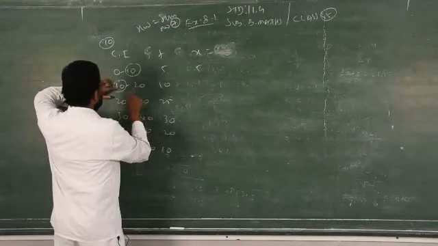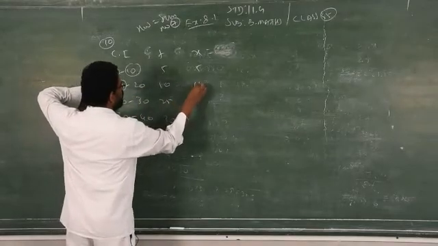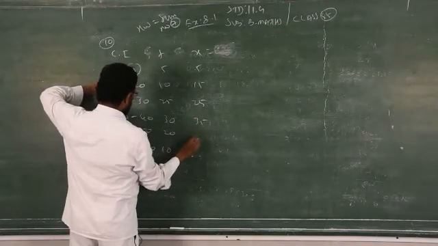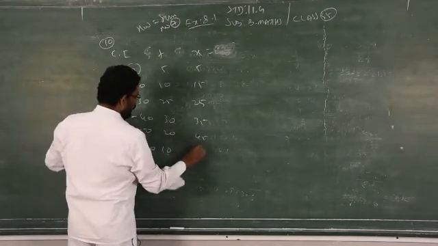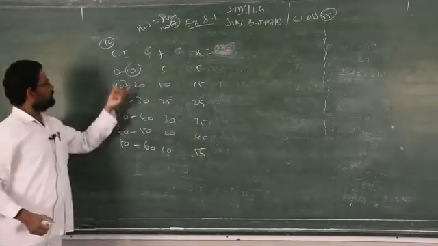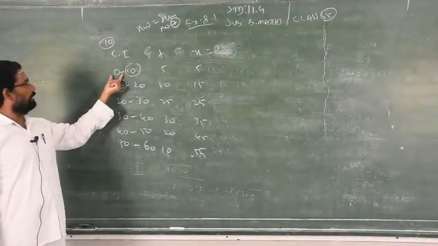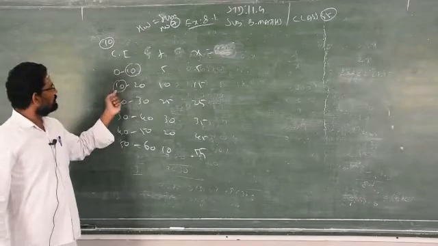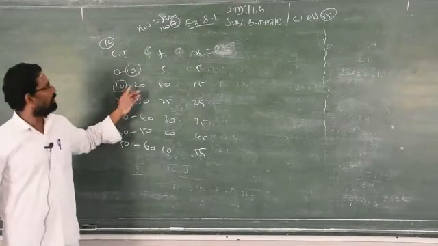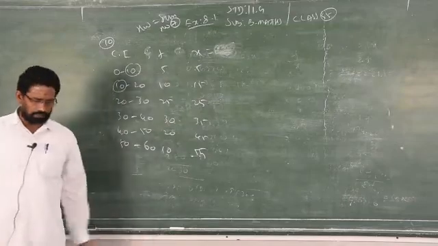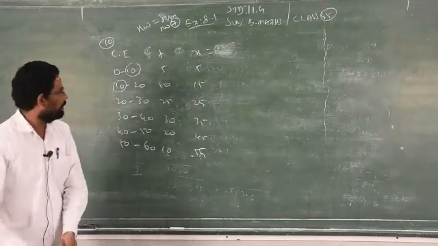Likewise, you add these two. The difference is 10, so 5, 15, 25, 35, 45, 55. Just add the first two, upper limit plus lower limit by 2. Then see the class size is 10. Just add 10 to the previous answer, you will get the rest.